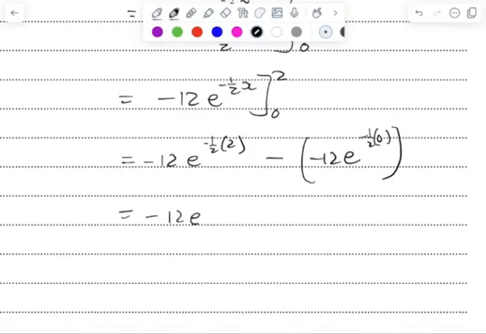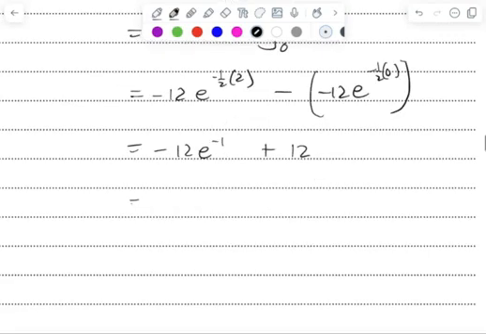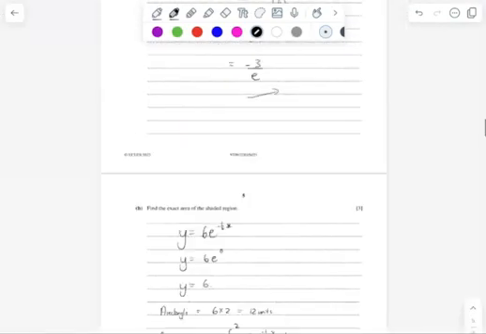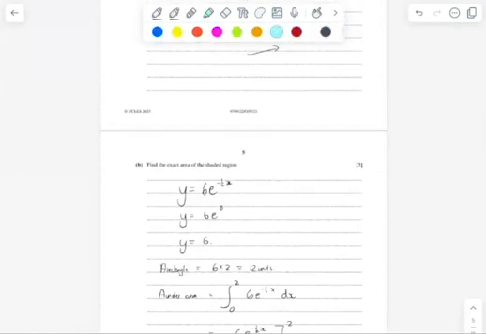Okay, so just watch out for that. So e^(-1), and a minus times a minus is a plus 12. Anything to the power of 0 is 1, so we're just going to say plus 12. So this is -12/e + 12. That's the area under the curve. Now they want the exact area of the shaded region. You must watch out for these keywords.